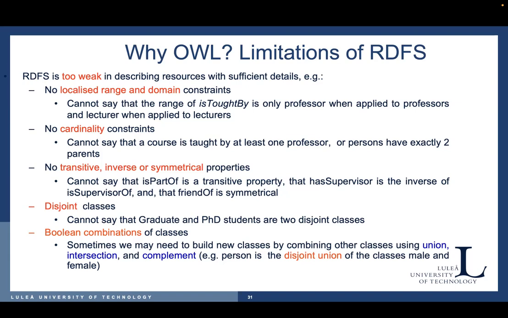The same goes for symmetrical properties like friend of, or inverse properties like has supervisor versus is supervisor of. They are inverse properties. RDFS didn't have support for these.